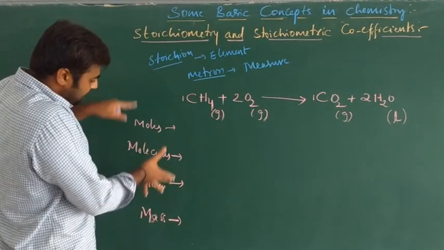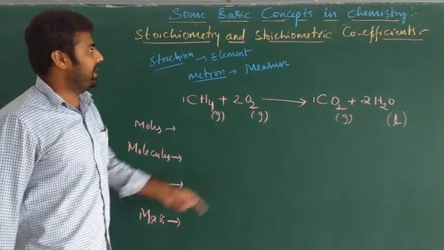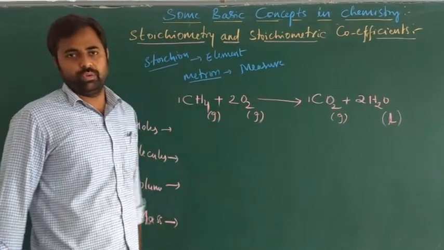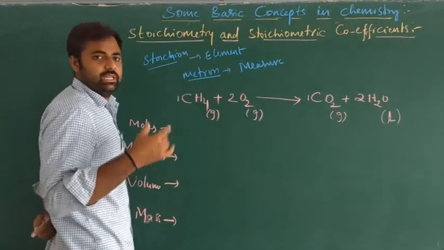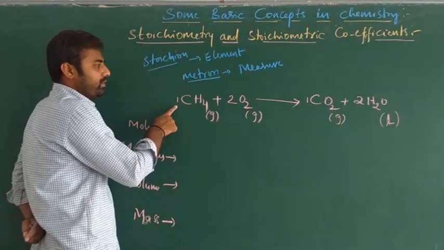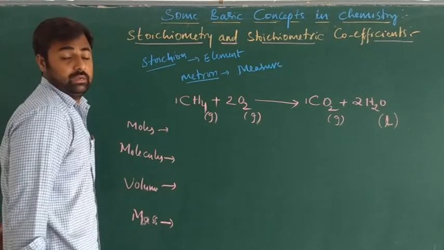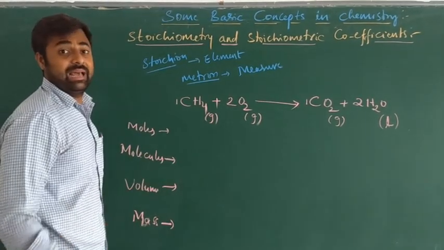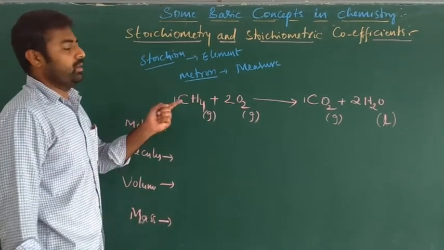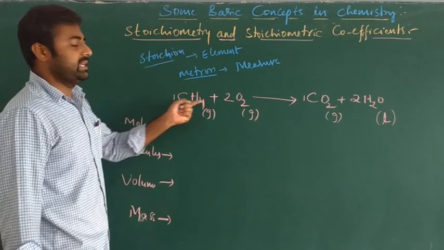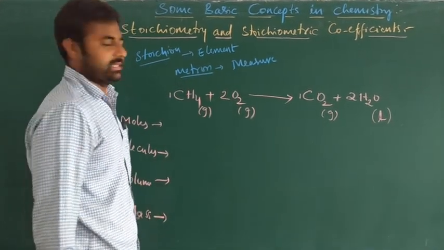All these categories can be explained with the help of stoichiometric coefficients. In this equation, what are the stoichiometric coefficients? 1 for methane, 2 for oxygen, 1 for carbon dioxide and 2 for water. This reaction must be a balanced chemical equation, then only you can consider their stoichiometric coefficients, right?